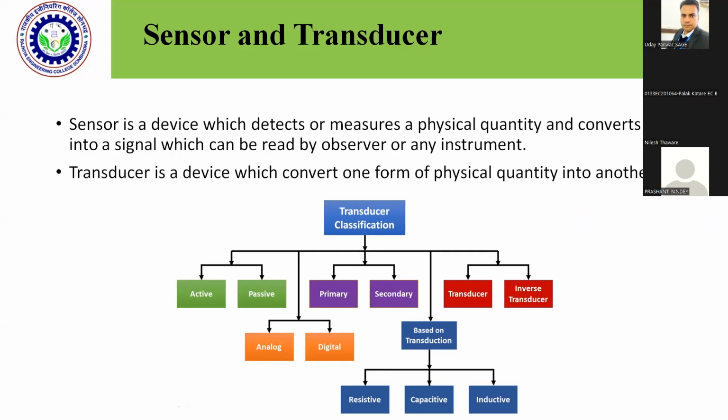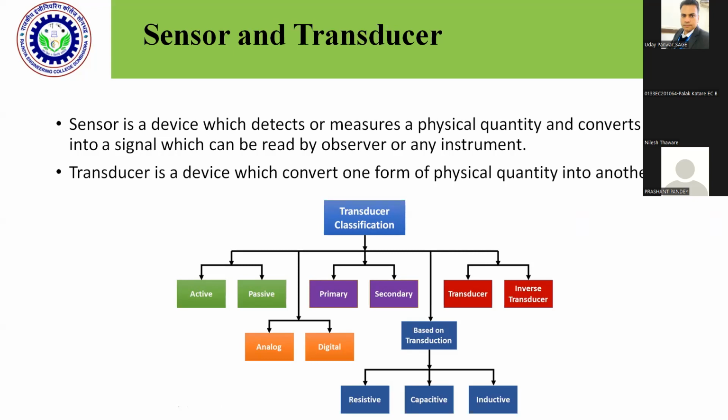Then primary sensors and secondary sensors. Primary sensors are those in which the physical quantity is just transferred from one form to another. In secondary transducers, the physical quantity is transferred from one to another, and then whatever is required by us.